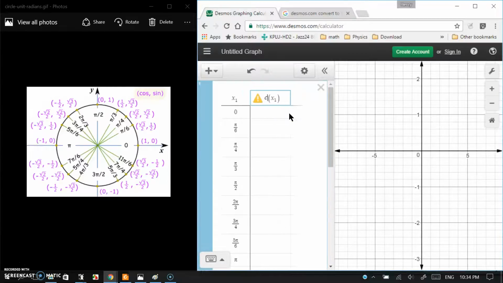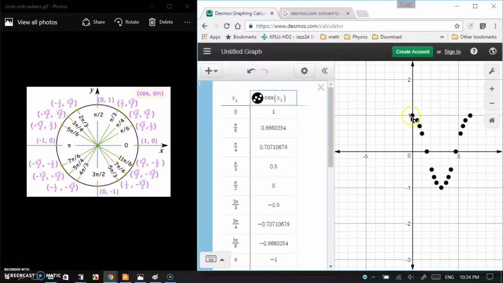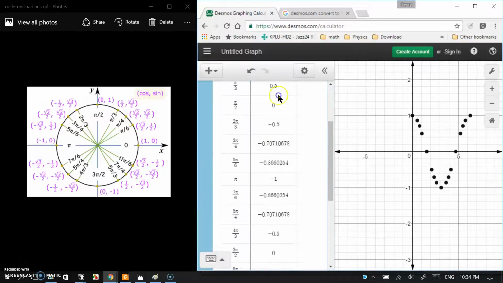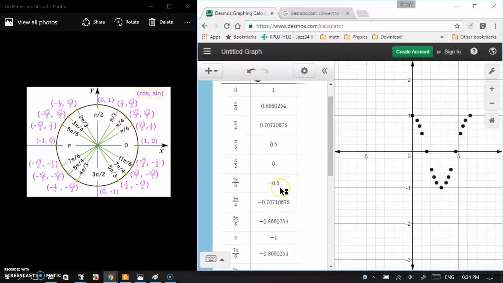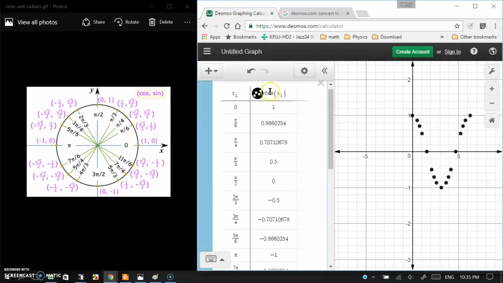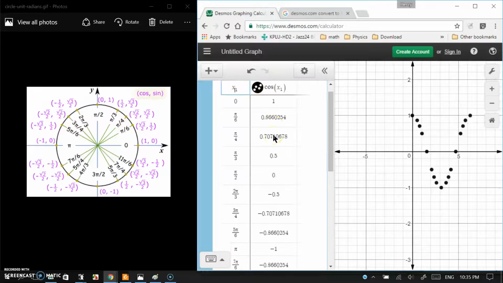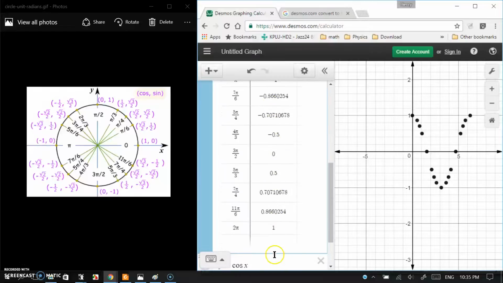I'm going to change that to cosine, and you can see that I get these points. Similarly, the y coordinates, the cosine of each of the respective angles, have also been updated, because I have cosine of x. So the table function in decimals automatically updated the values for me.